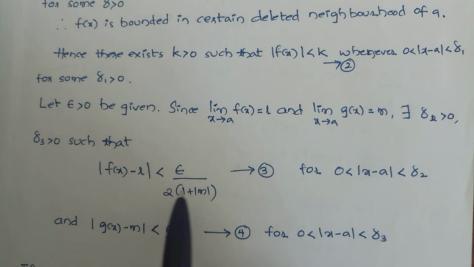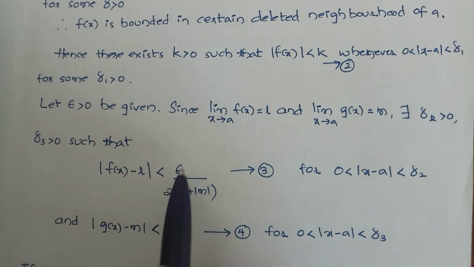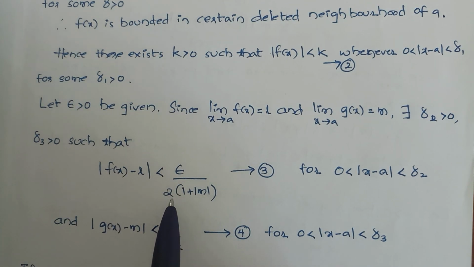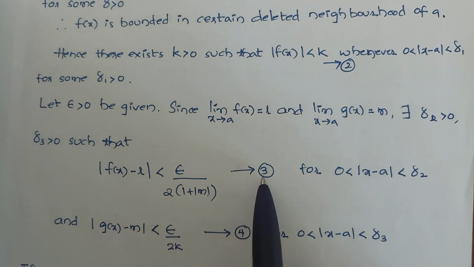So I can write epsilon in the form epsilon divided by 2 into 1 plus modulus of m. I take it as equation number 3.